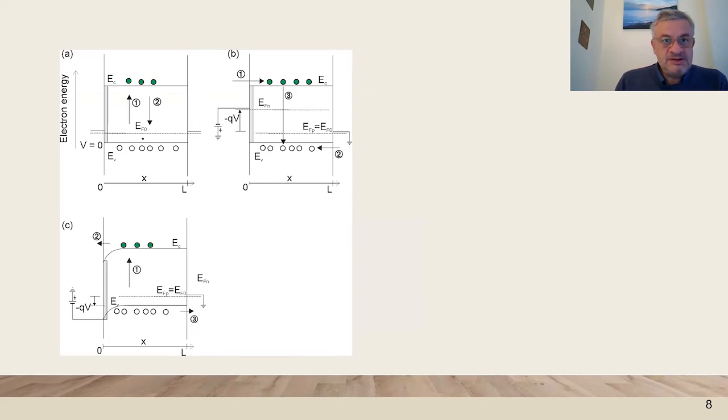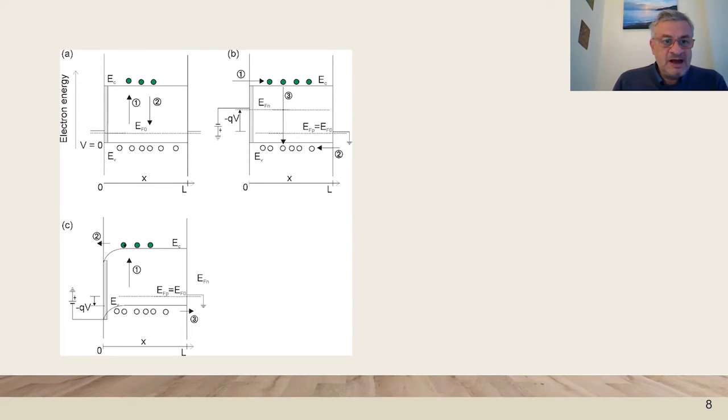This diagram summarizes the situation. This is a p-type semiconductor now, where electrons are minorities. The first diagram is in equilibrium with the two currents compensated. And now we apply a forward bias, negative to the electron selective contact, and we inject more electrons, and these are recombining.